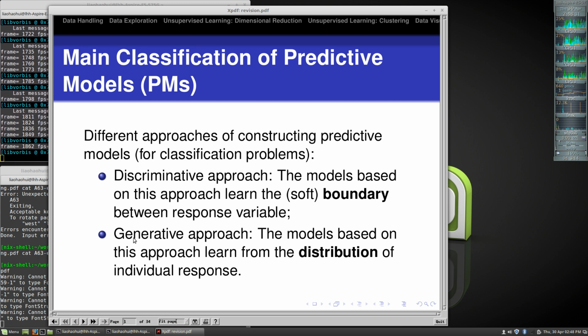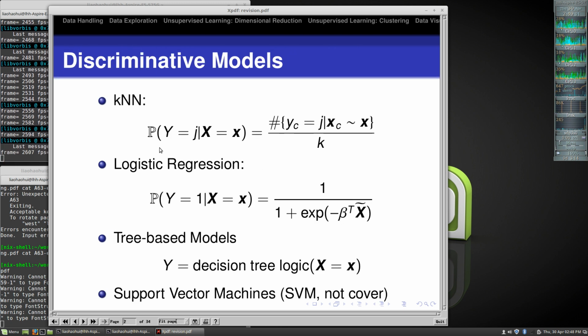And the other type, the so-called generative approach predictive models, are based on learning the distributions of the individual response. We'll first give some examples of the discriminative approach. These are some of the discriminative approach models.